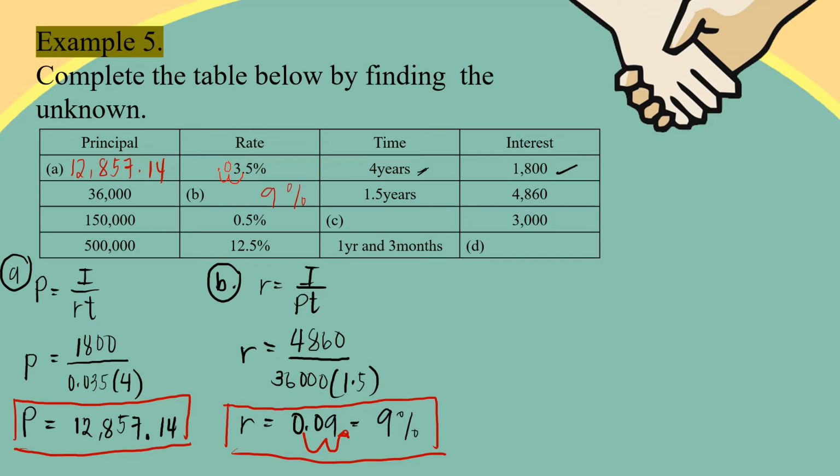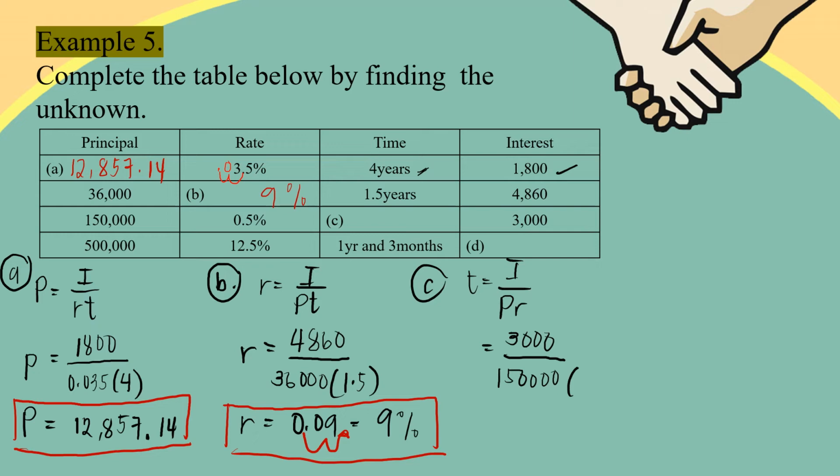Next, yung C naman. Ang hinahanap ay yung time. Formula for the time, interest divided by principal times rate. Ang interest natin sa third question is 3,000. Then yung principal is 150,000.